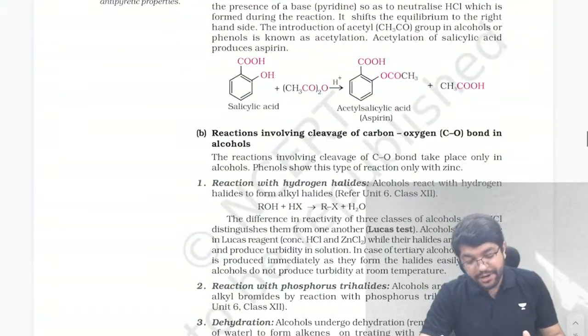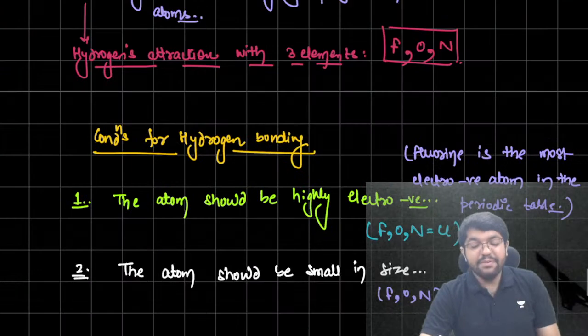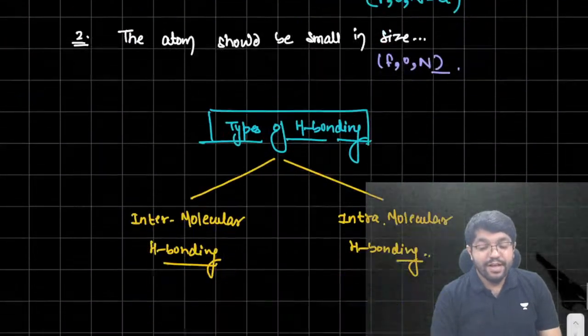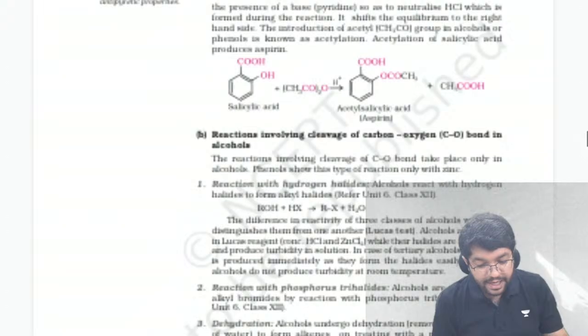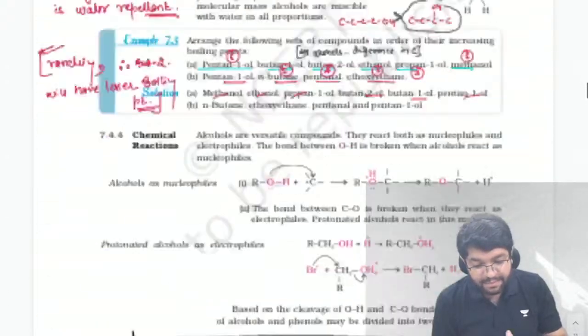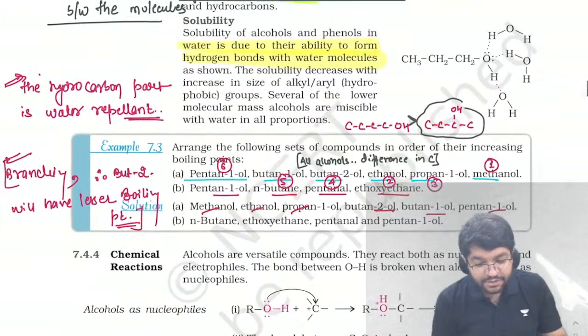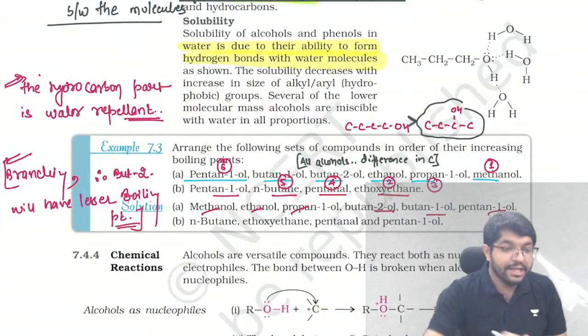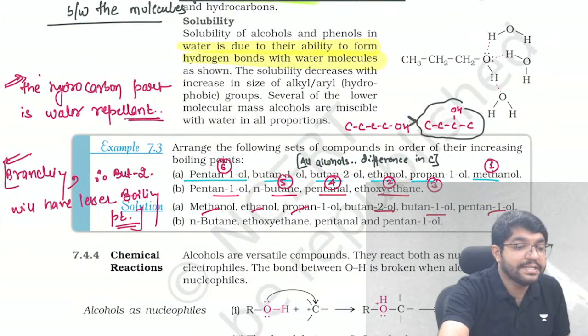Now I talk about the chemical properties of alcohols. Quickly, in a second, let me adjust the light so that we have it better. Just 30 seconds and we start again.